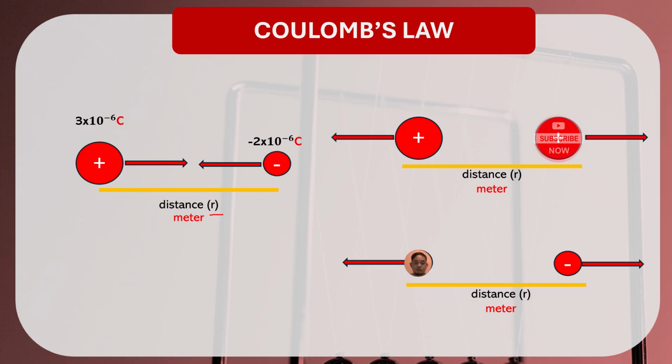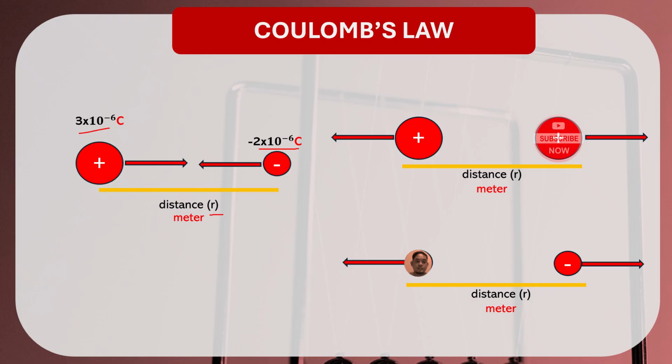If in the problem the distance is in centimeters, you have to convert it to meters before you do the calculation, to match the units of our equation. We also need the value of the charges, because when you multiply charges, it will determine the amount of Coulomb's force. It's directly proportional. So again, we need the distance between these two charges, whether unlike or like charges, and we also need the value of our charges.